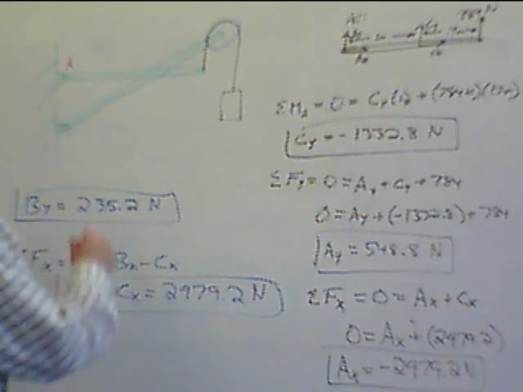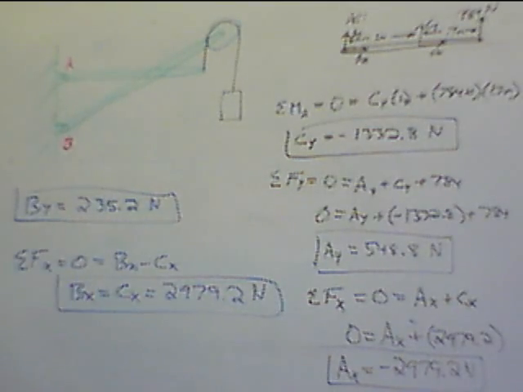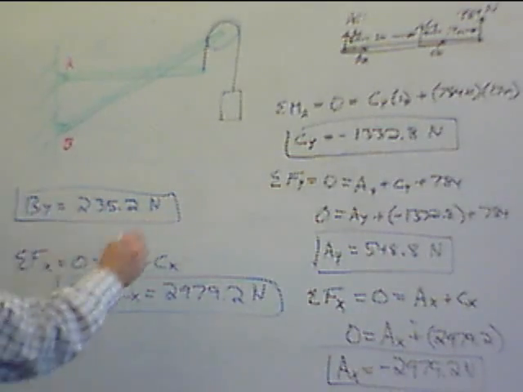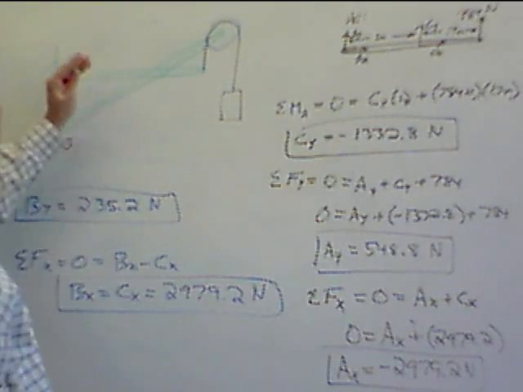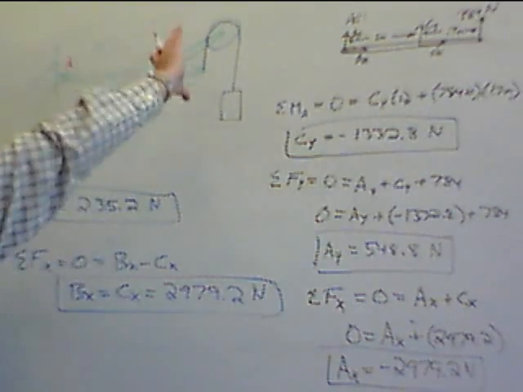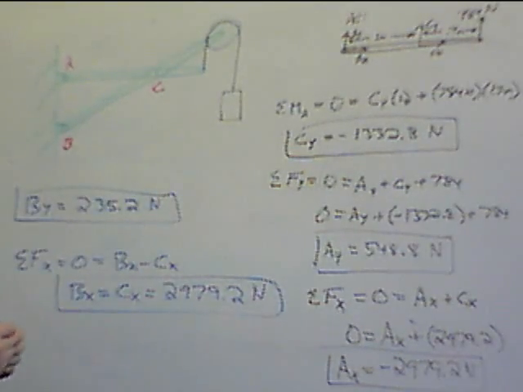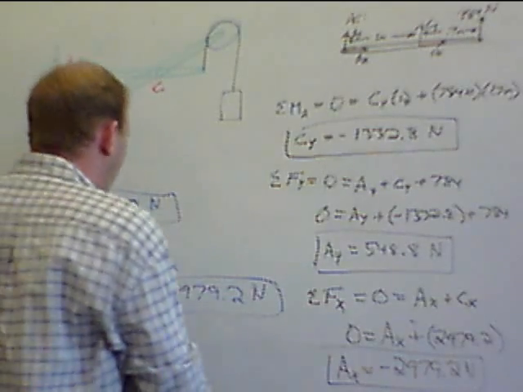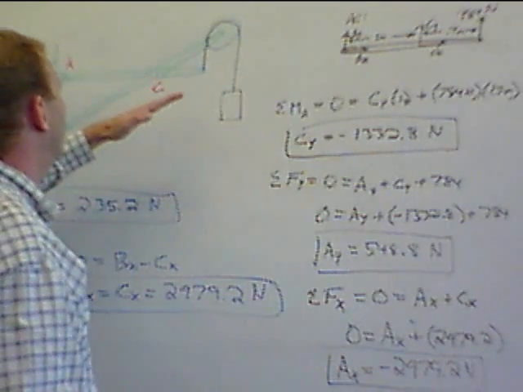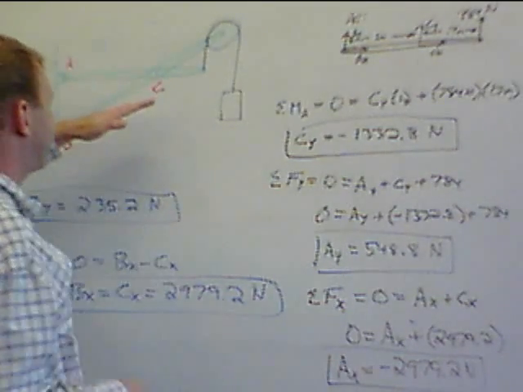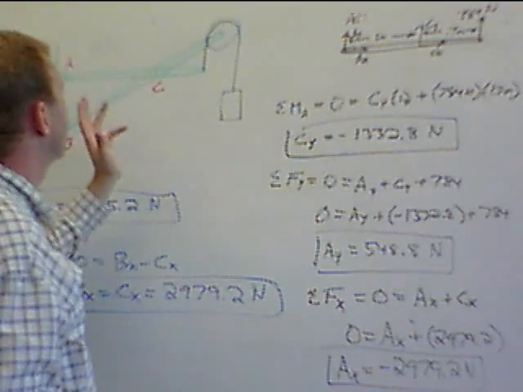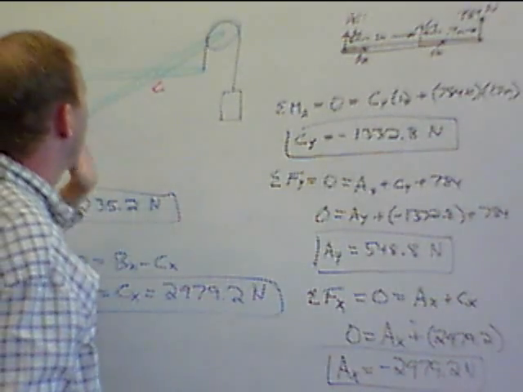That makes sense. Point B, okay, again, we drew it to the right and up. As it turns out, that's correct. It's pushing it to the right and upward, so it's supporting it in this direction. Point C, okay, we assumed that the angled beam was going to be pushing the vertical beam up and to the right.